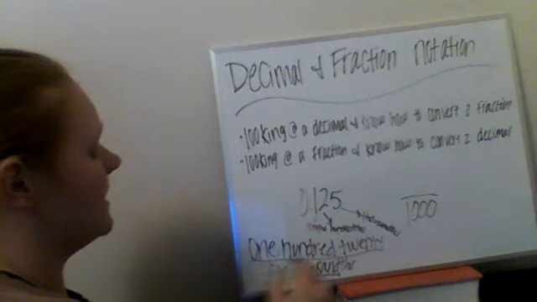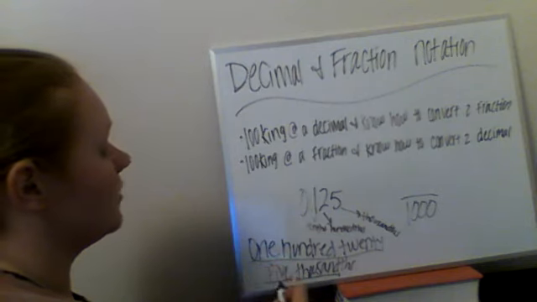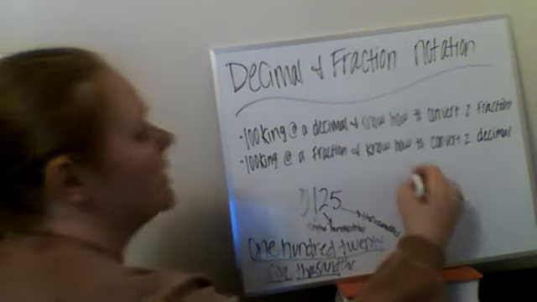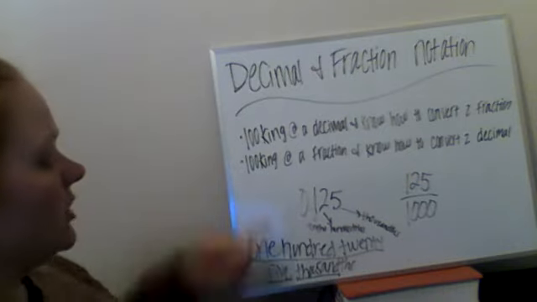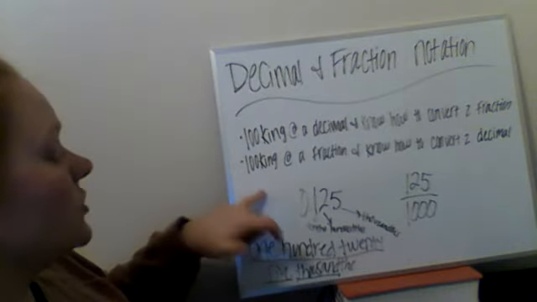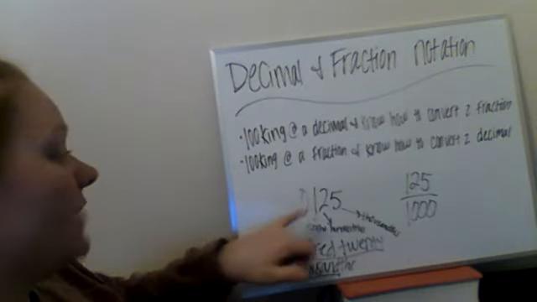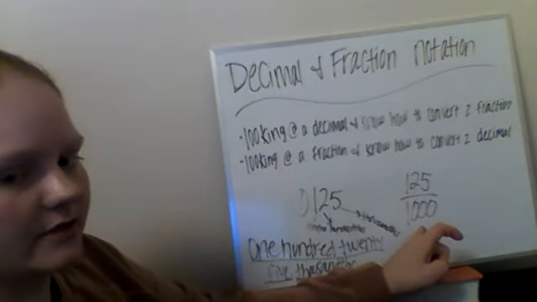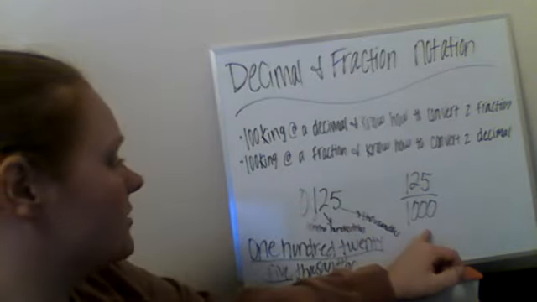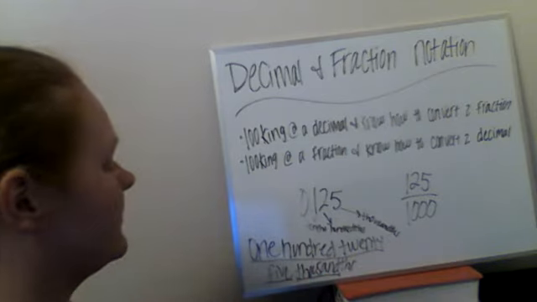Then my big number that's in the word form is 125, so 125 would be on top. So 0.125, my fraction for that would be 125 over 1,000. The way I would say that is 125 thousandths.